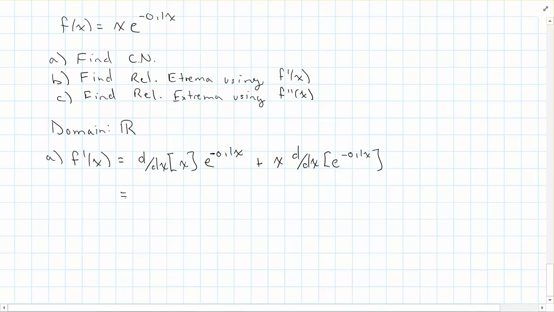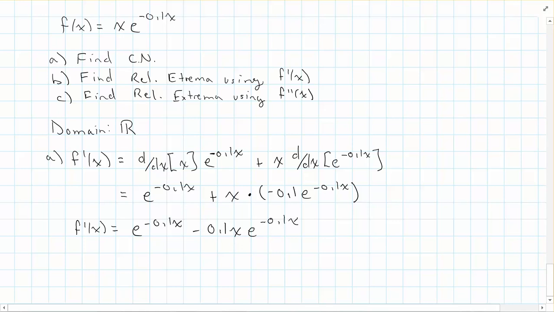And so this would be equal to, well, derivative of x is just 1, so e to the negative 0.1x plus x times, and then I'd have negative 0.1 coming down from the chain rule, e to the negative 0.1x. And so my f prime of x would be e to the negative 0.1x minus 0.1x e to the negative 0.1x.